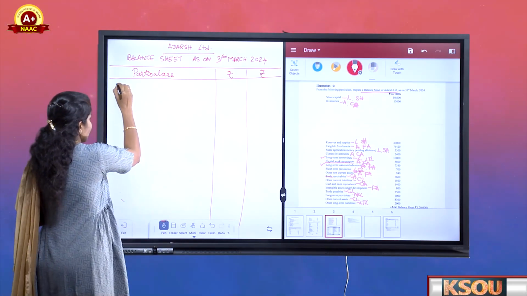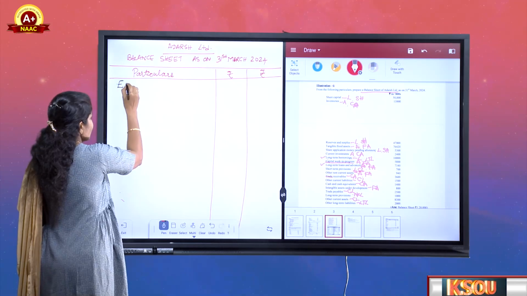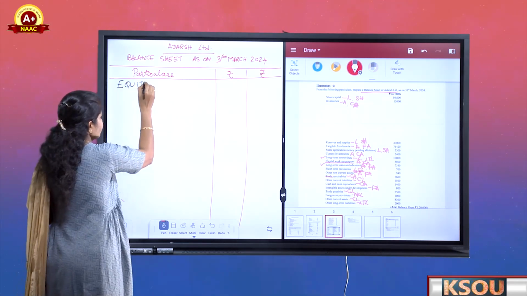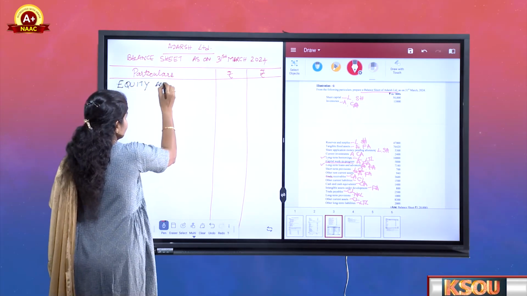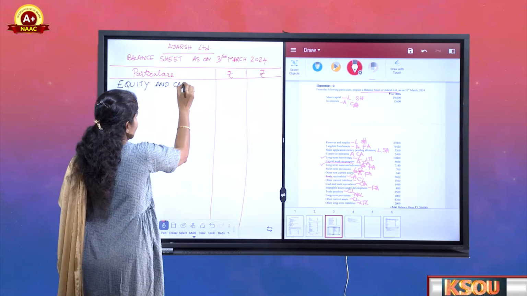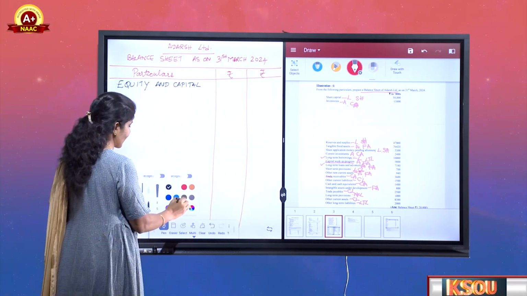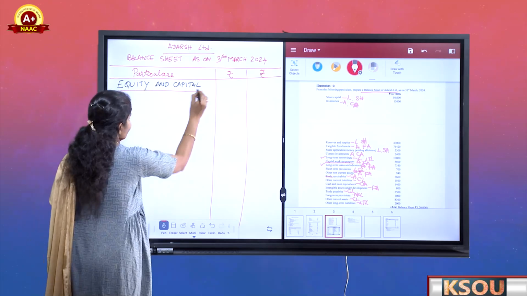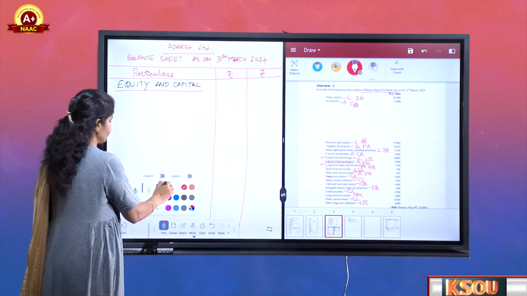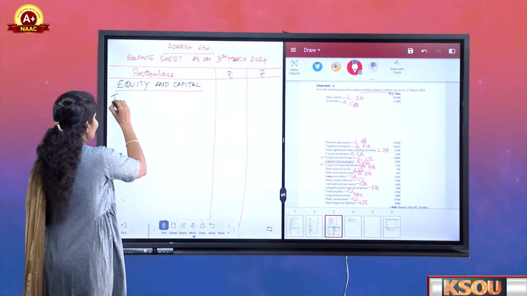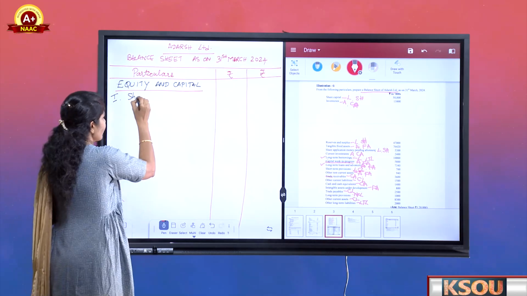The first heading is equity and capital. Under the heading equity and capital, we will have shareholders fund.